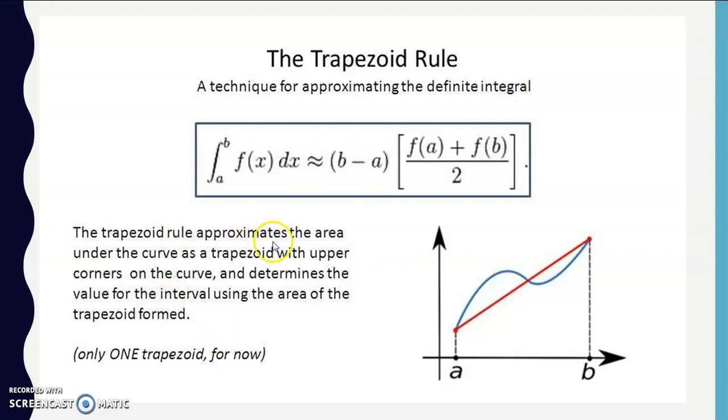It approximates the area under the curve as a trapezoid with upper corners on the curve and determines the value for the interval using the area of the trapezoid formed, as you can see in this diagram.